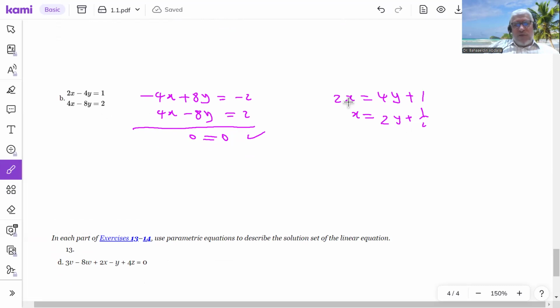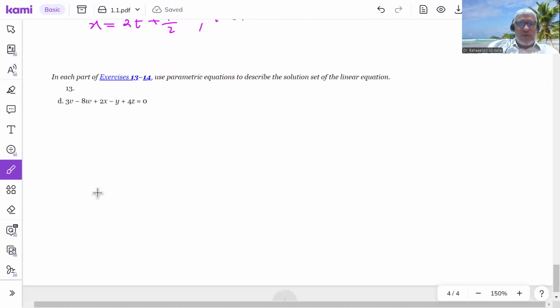So this is the first equation, 2x equals 4y plus 1, divided by 2. I have 4 over 2 times y, that's 2y. Then now call y t, then x would be 2t plus half, where t is any real number. So these are the parametric equations.